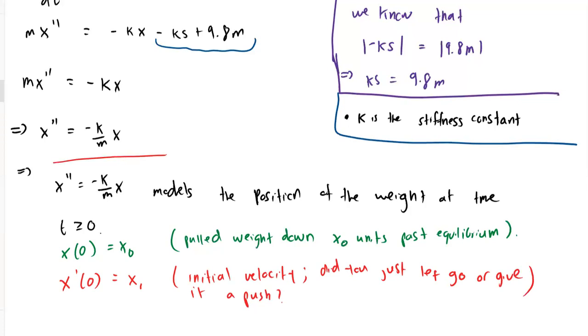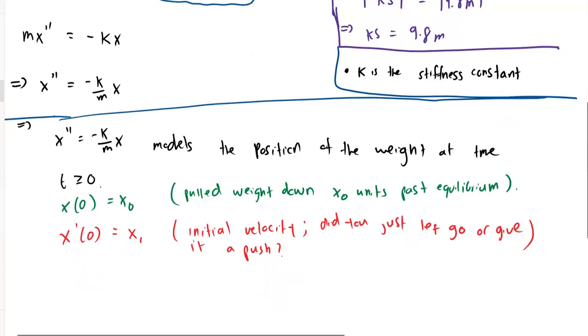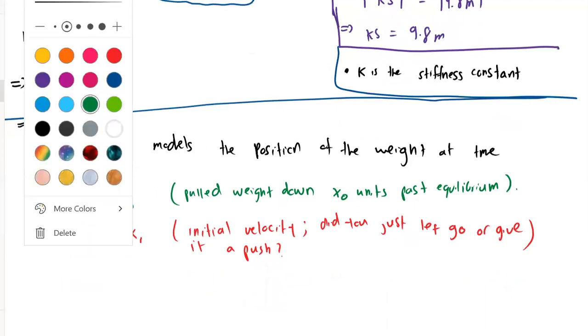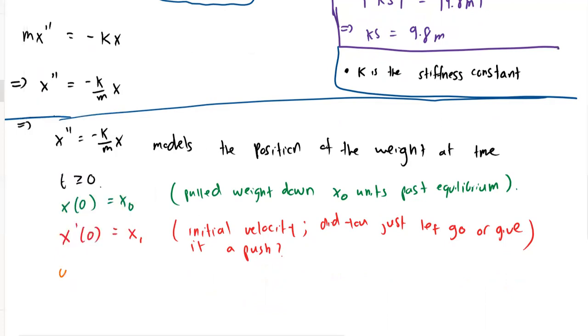Actually, let me box it in a different color, including the initial conditions. We don't know what they are right now because I didn't give you specific ones, but this is the setup, of course with the assumption that there is no damping. Last thing I write, I promise, on this video. Under the assumptions that we have, there are actually 3.